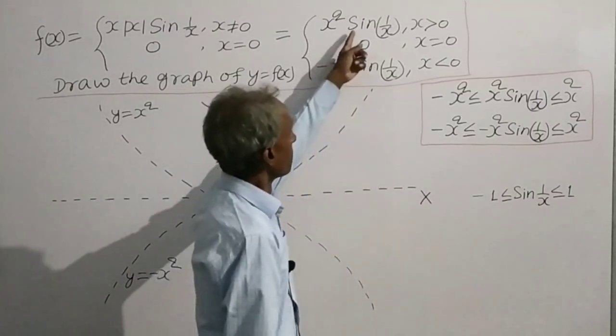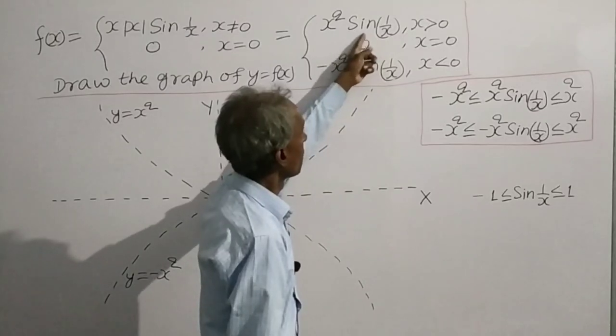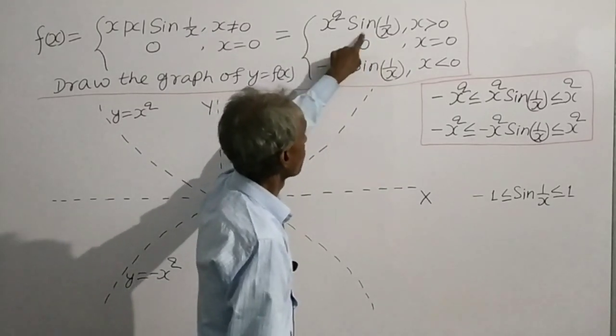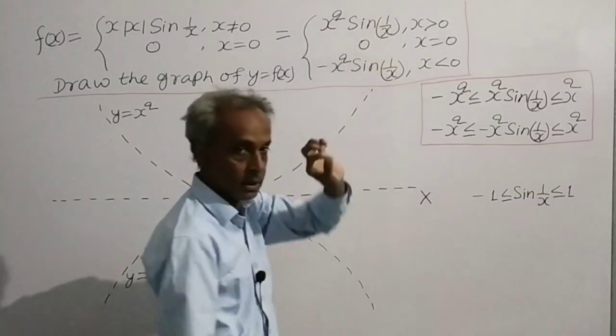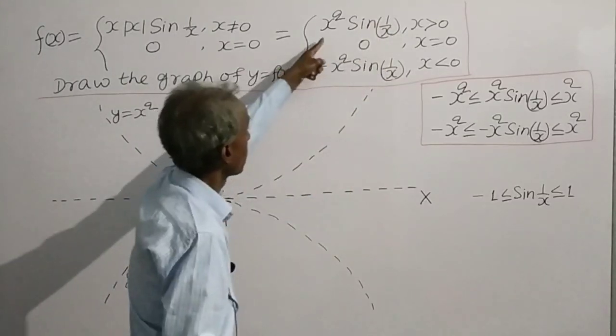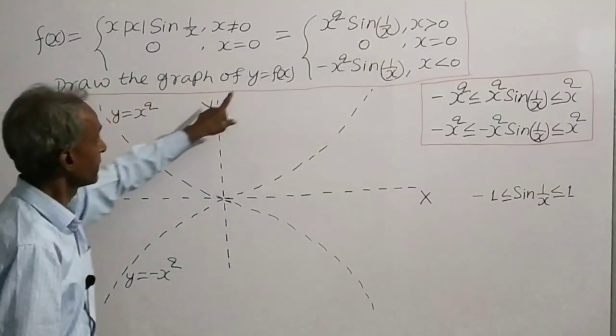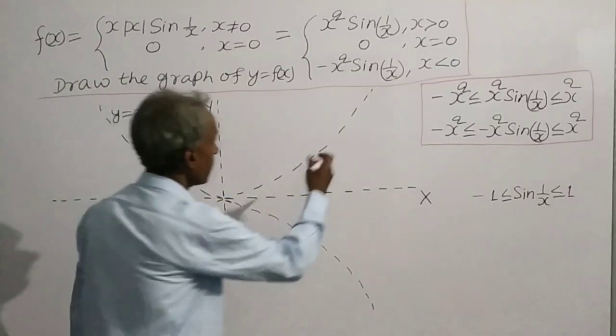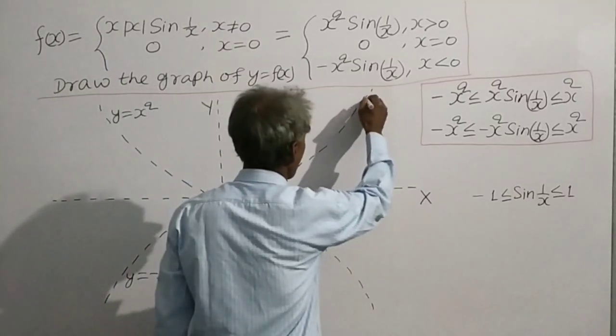When the value of sin 1 by x is 1, then x square sin 1 by x will be equal to x square. That means the graph of y is equal to f(x) will touch this parabola.